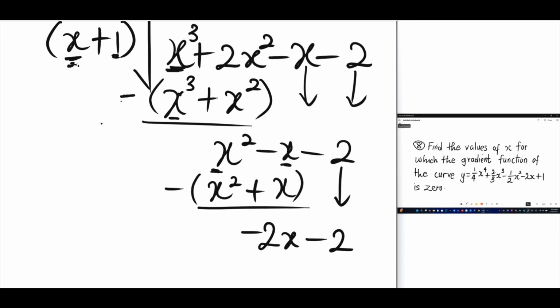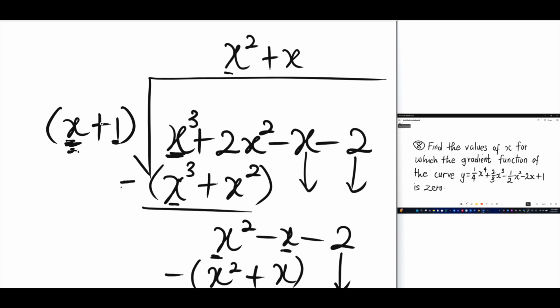Now you can see that the power of the x in the leading term of the remainder is still the same as the power of the x in the leading term in the divisor, so we continue to divide. So we are now going to divide the negative 2x here by this x, and that will give us negative 2, right? So we'll write it here, negative 2.